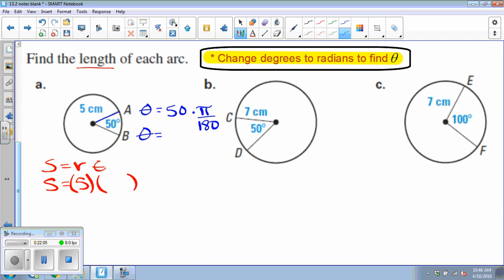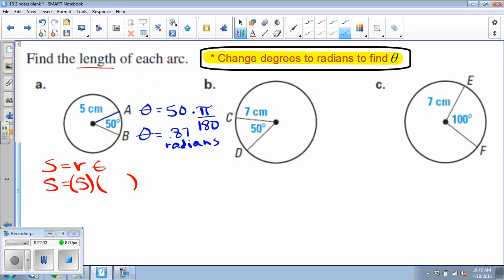So 50 times pi divided by 180. I would use the fraction button. 50 times pi divided by 180, 0.87. 0.87 radians. We just changed it to radians. How did I put it in the calculator?